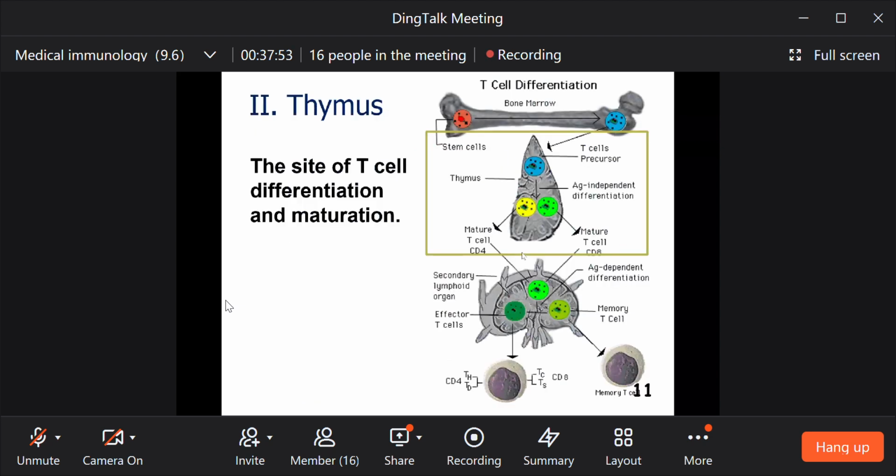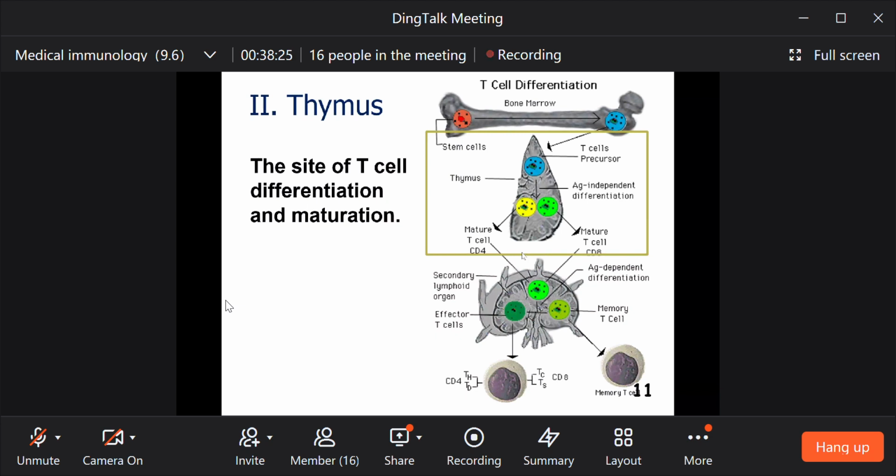Okay, the next organ is the thymus. The thymus is the site of T cell differentiation and maturation. I think the thymus is specific for T cell differentiation and maturity.